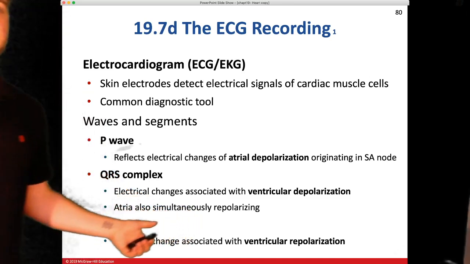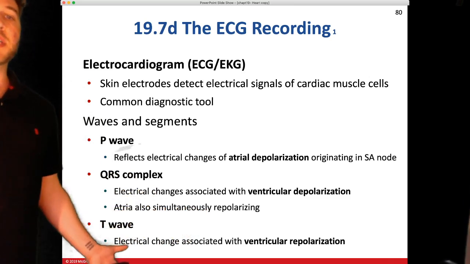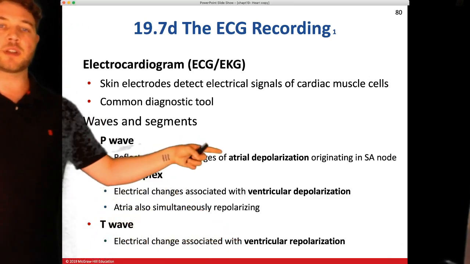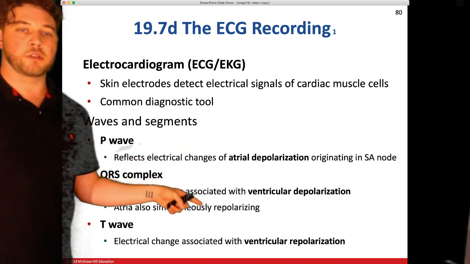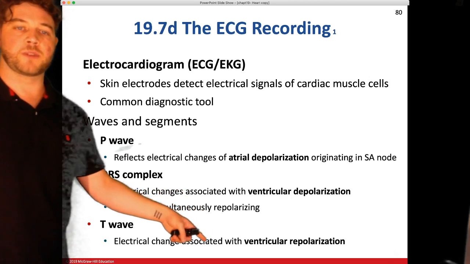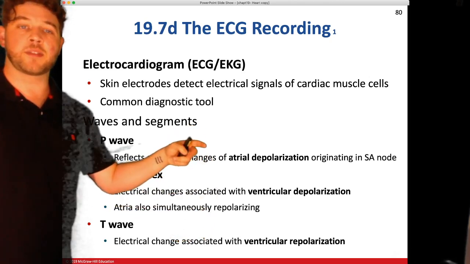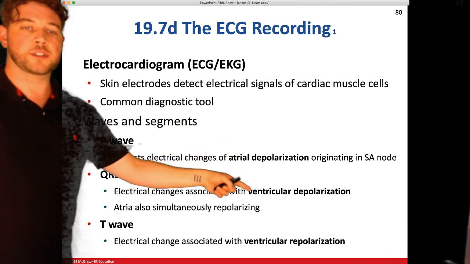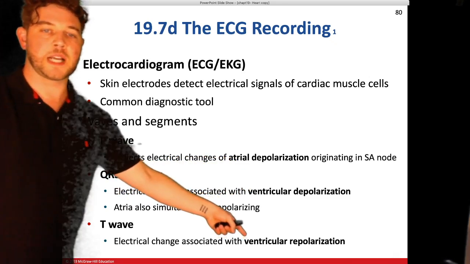Also simultaneously, the atria are repolarizing during this. And then your T wave is associated with ventricular repolarization. So atrial depolarization, ventricular depolarization, atrial repolarization, and then ventricular repolarization. So you can essentially think about this as atria contracting, and then ventricles contracting, atria relaxing, and then ventricles relaxing.